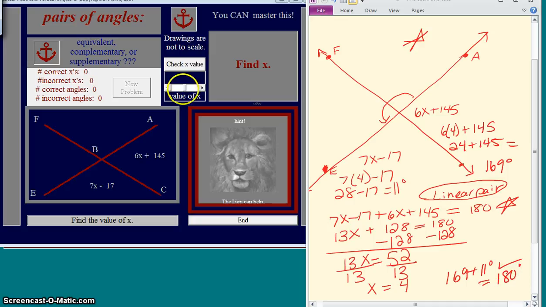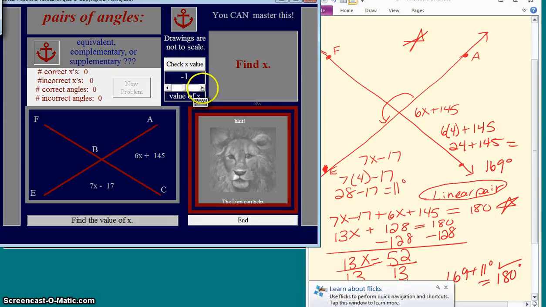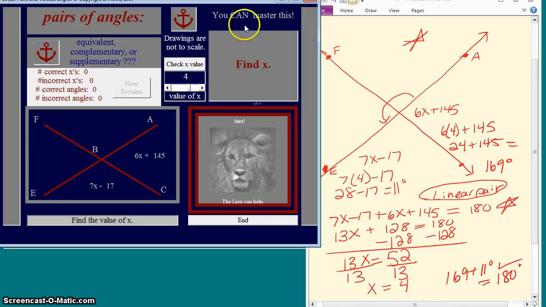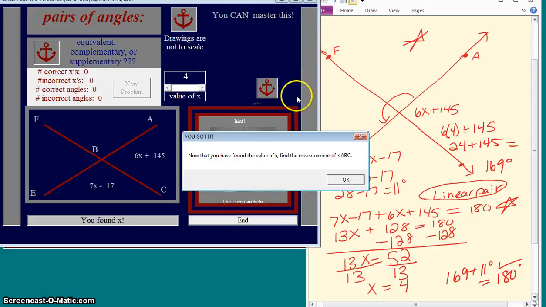And I need to enter a value for x. Well, x was 4. So I'm clicking on the right arrow until I get the value for x, and check x value. Now that you have found the value of x, find the measurement of angle ABC.